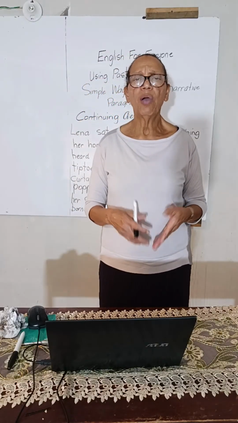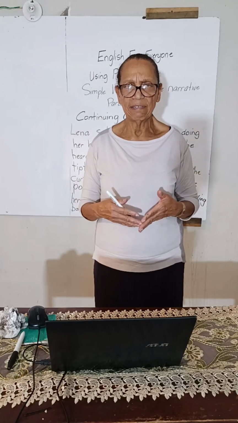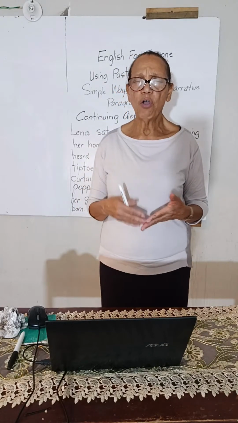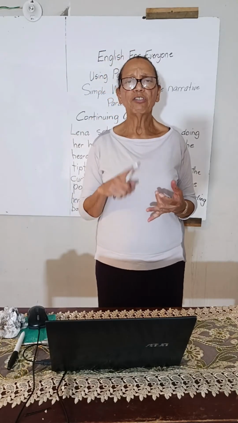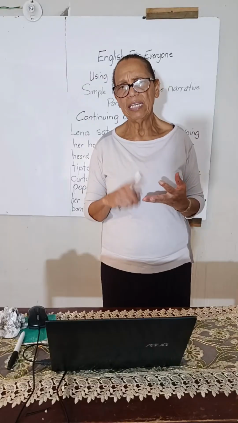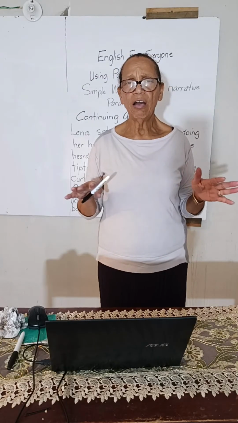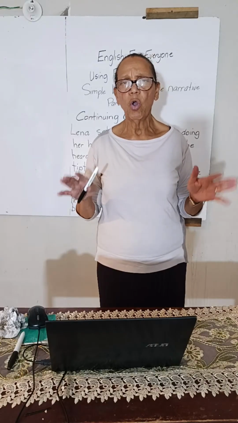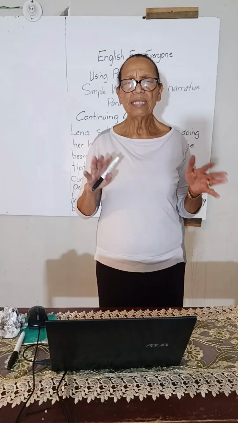We looked at how action verbs are formed in the past tense. They are formed by adding ed. Some you have to double the last letter, then you add the ed. Then some are irregular, like go and went, come and came, eat and ate.